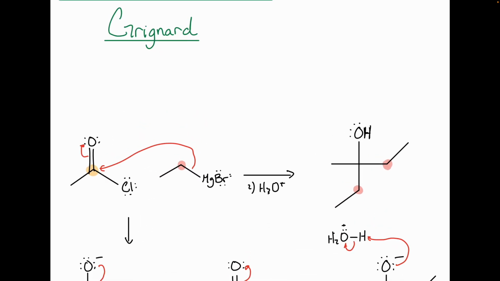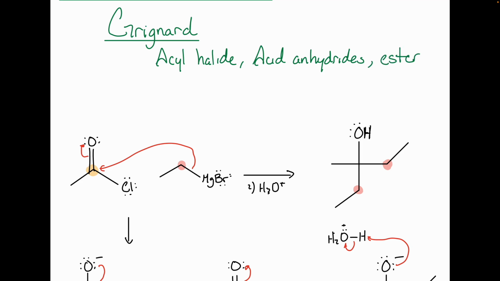All right, so this is the case for a few of our carboxylic acid derivatives. Our acyl halides, our acid anhydrides, and our esters will all react with 2 equivalents of that Grignard.